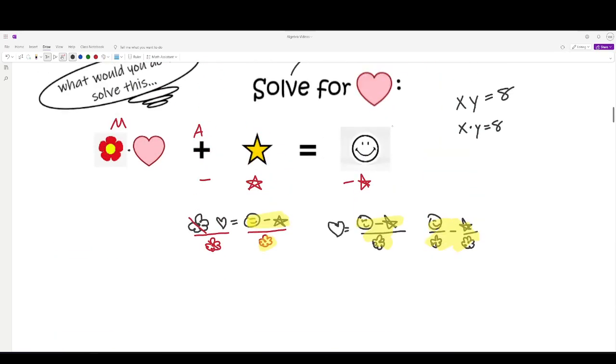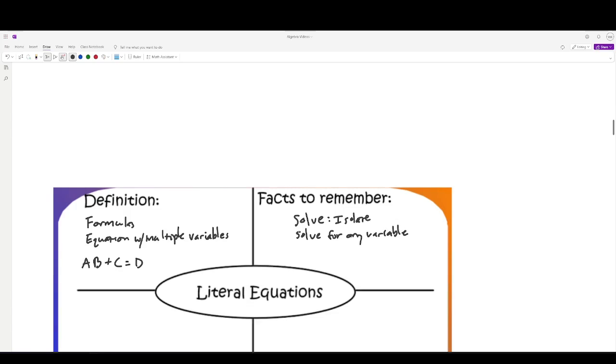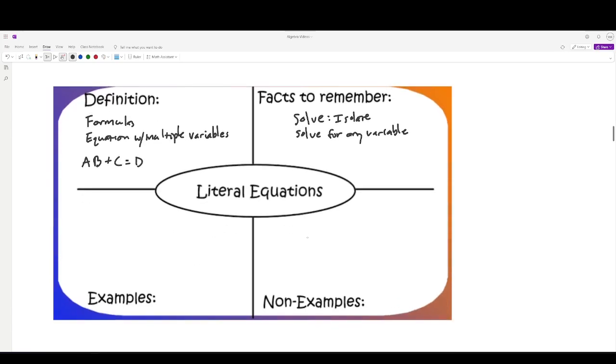It started out solved for the smiley face, which was already isolated. I could have also solved for the star or the flower. I can solve for any of those variables, and it's fine. There may be cases in which I want a different one by itself, and that's the skill we're learning here: how to solve for any variable within a literal equation.